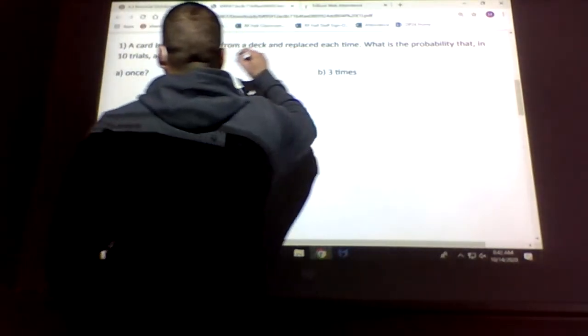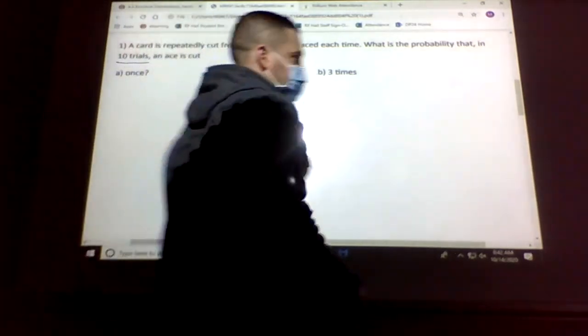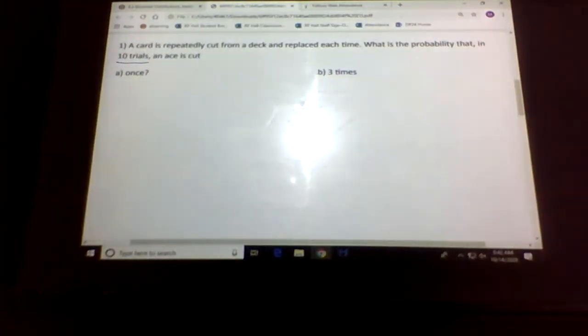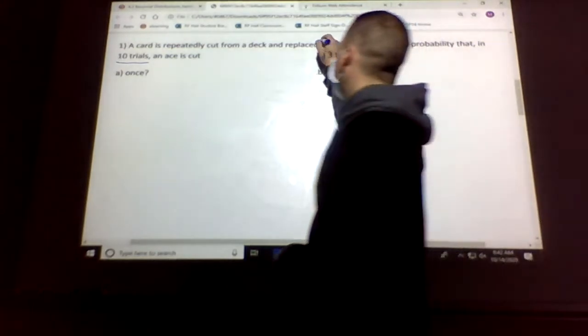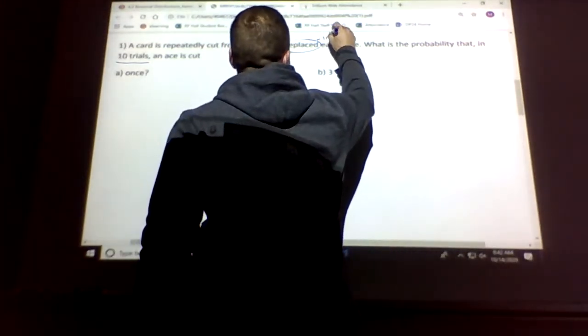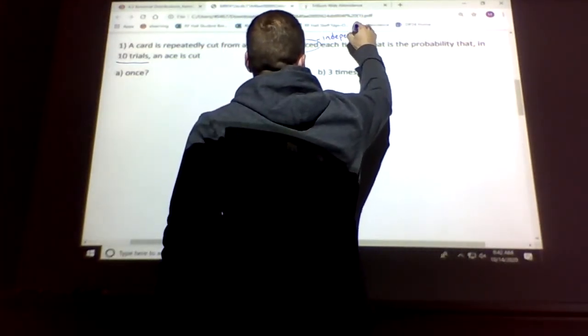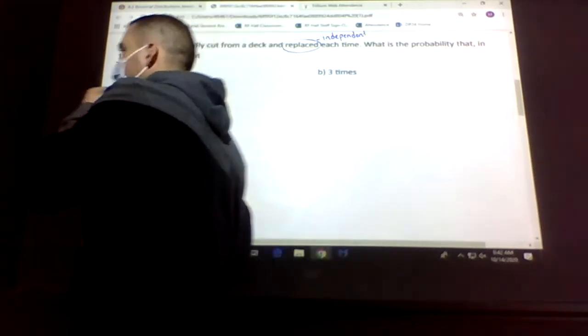So we have 10 trials, so we know it's going to be binomial or hypergeometric. But it's replaced, so that means independent trials. And we're doing probabilities, so we're using the formula.